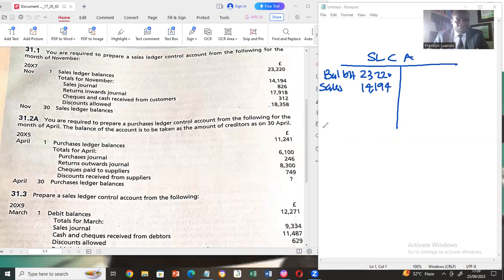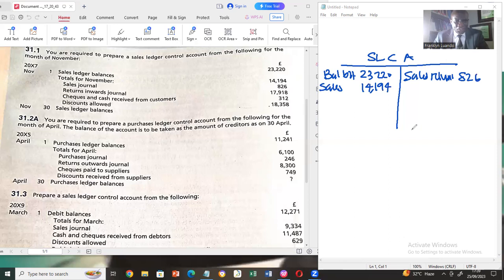We have returns inwards journal, those are sales returns, 826.